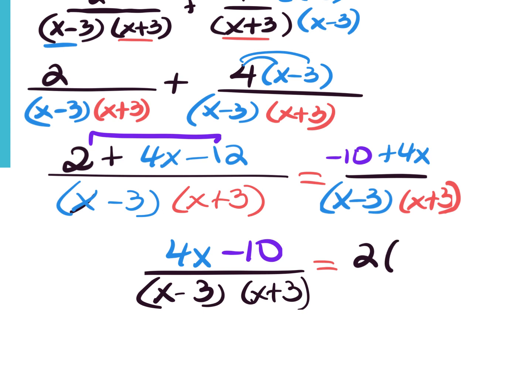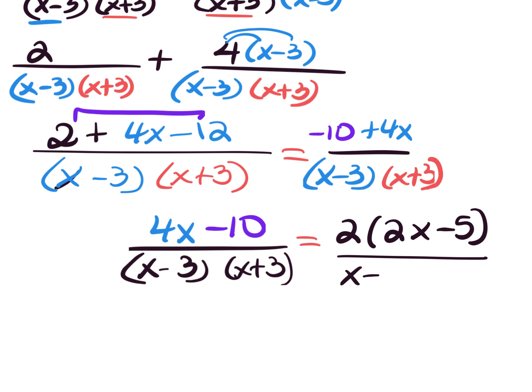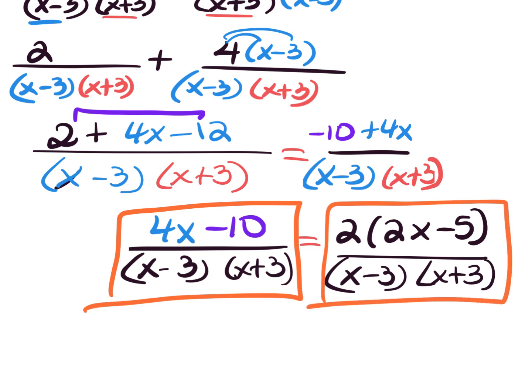So after I divide the 4x by 2 and the 10 by 2, this is what remains. And then I still have my LCD. So x minus 3, x plus 3. Nothing cancels. So I would accept either the unfactored numerator or with it factored. But factoring it didn't get me anywhere.